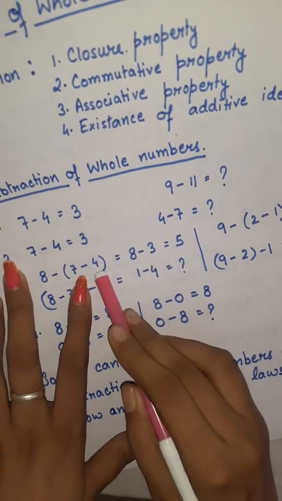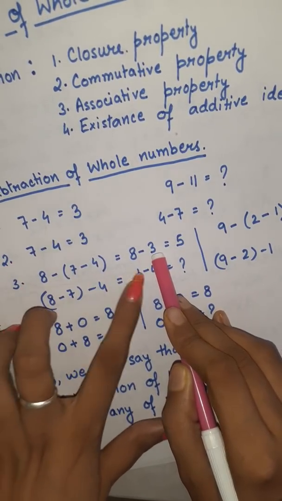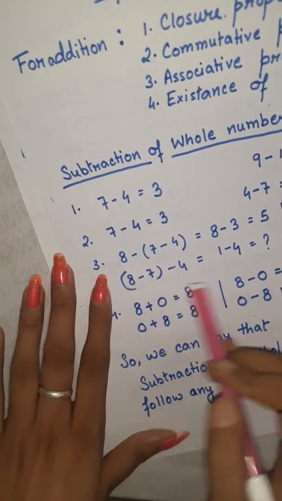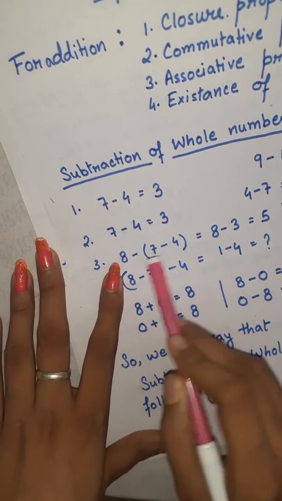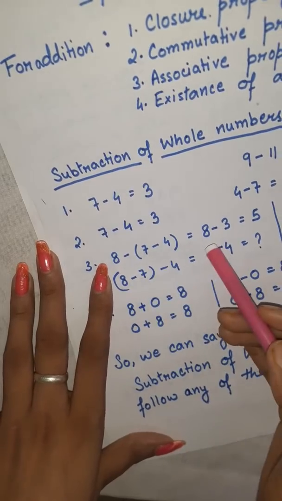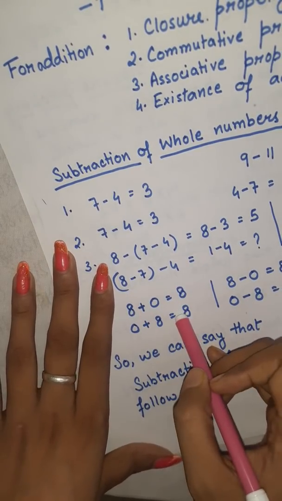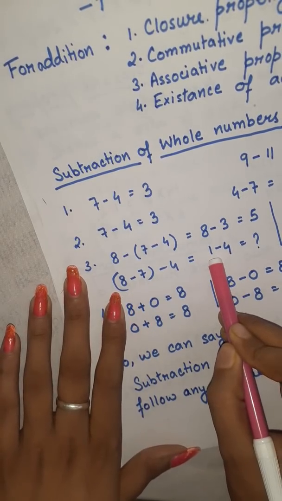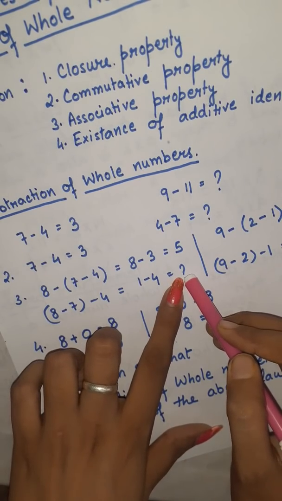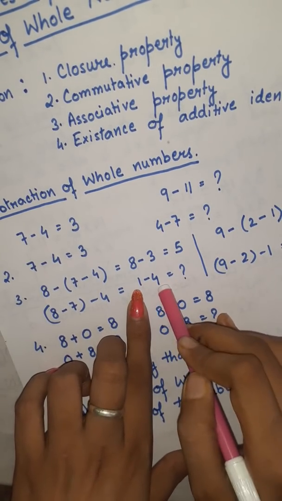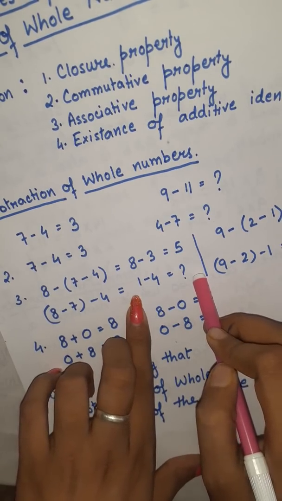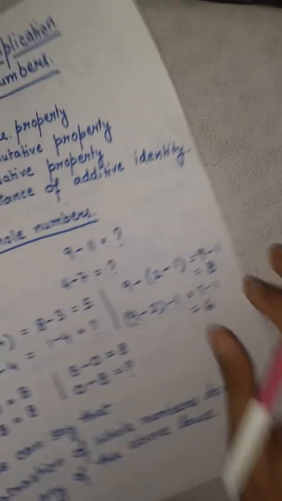Okay, 7 minus 4 is 3, and when subtracted from 8, we are getting 5. If we change the order of subtraction, we subtract 8 minus 7 first, and then 4 will be subtracted from that result. Okay, so 8 minus 7 is 1, minus 4, can we subtract? Again we are stuck over here because we cannot subtract a bigger number from a smaller one and get a whole number. It is not possible. We don't have any such whole number.